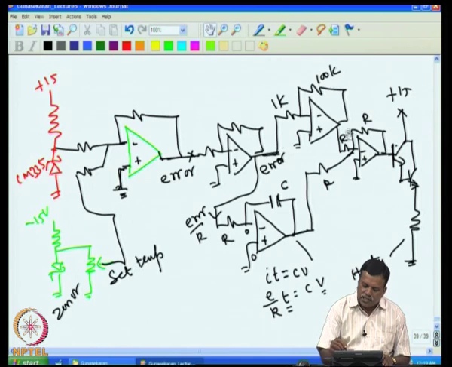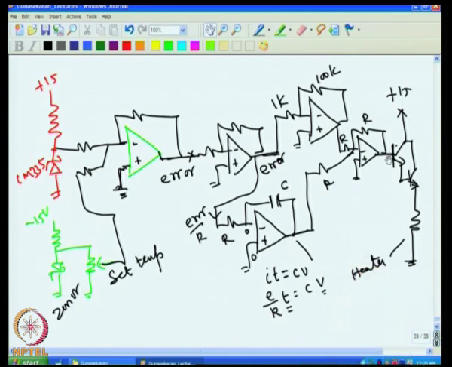So, the capacitor will discharge only if the temperature exceeds the set value. Again, if the voltage drops too low, it does not matter: if the temperature comes down, the error voltage will come again, and then this is charging up again, and the heater voltage is also increasing again.